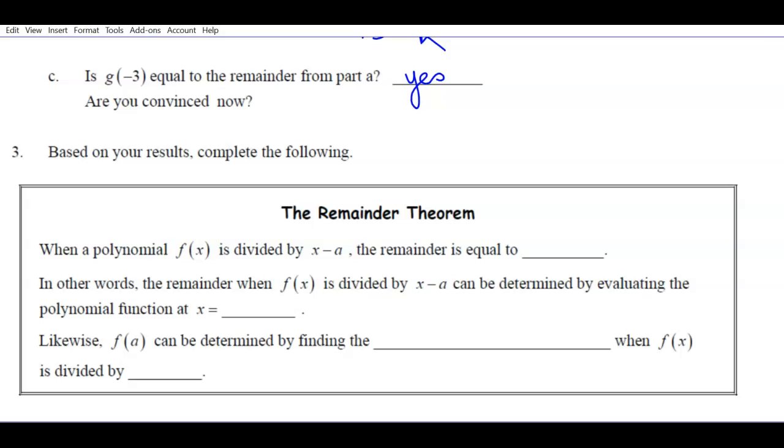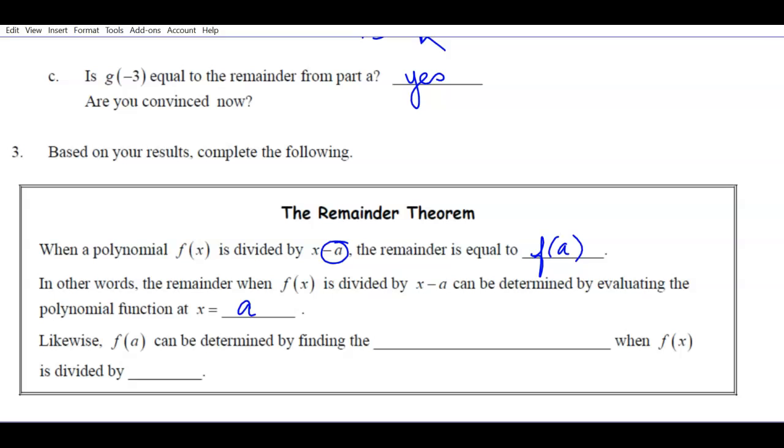We're not going through the proof, but when a polynomial is divided by x minus a, the remainder is equal to f of a. You just take that value, the opposite sign of that constant term, and substitute it in. So the remainder when f of x is divided by x minus a can be determined by evaluating the polynomial function at x equals a.